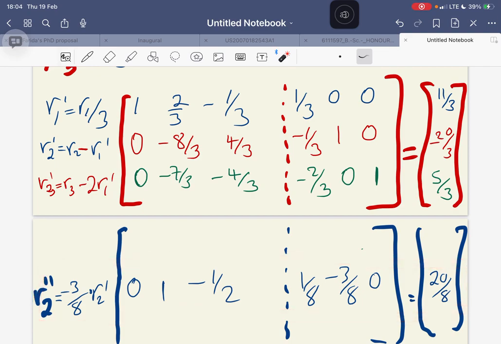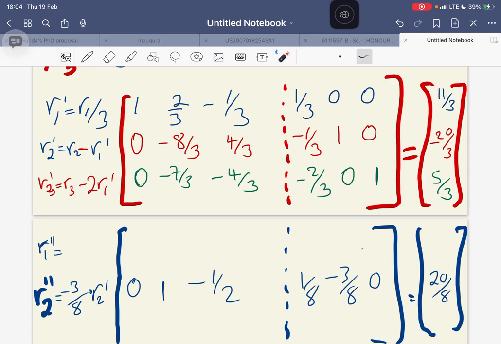And we are going to make use of it to eliminate anything above and below it. So our new row 1 double prime is to make use of this one to eliminate this 2 over 3.